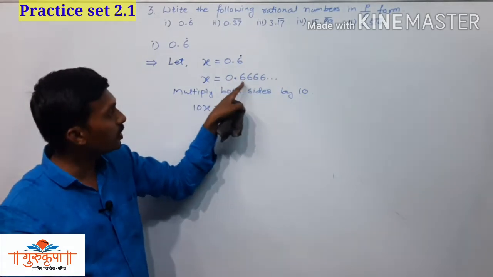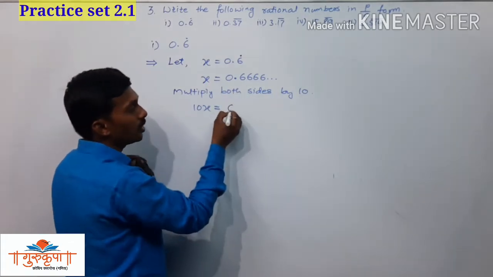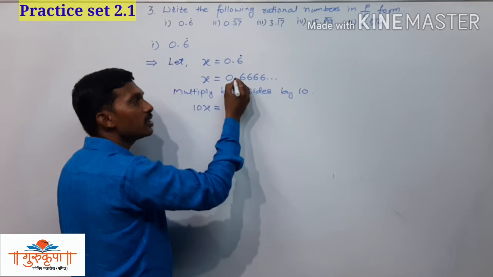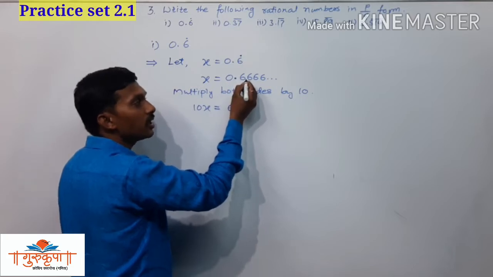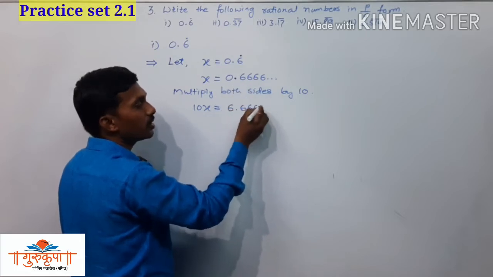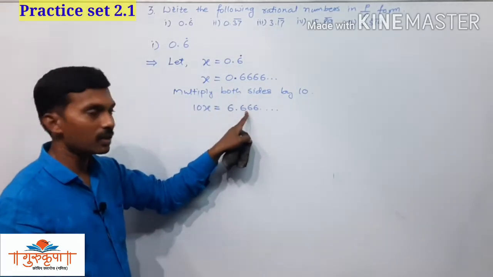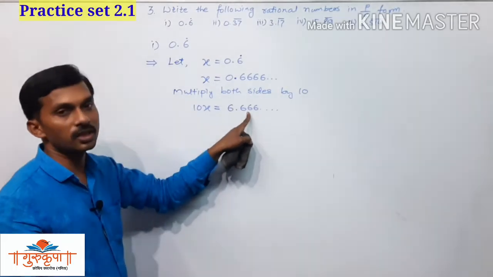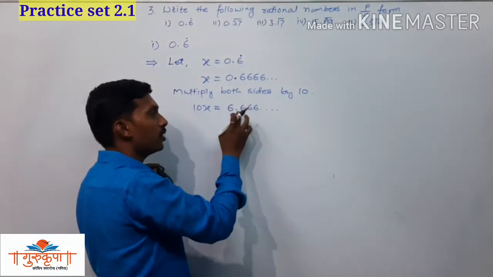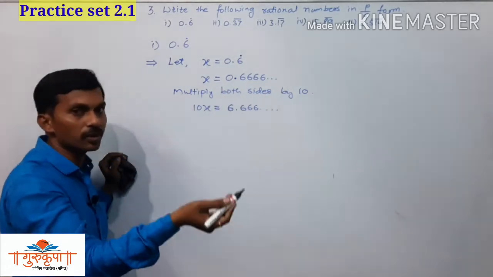Now it is present between 0 and 6, and we move it so that the product is 6 point, with the decimal sign between 6 and 6. So our product is 6.666 and so on. You can write it as 6 point recurring 6 also. You can take the product on a rough page: multiply this number by 10 and the product is 6 point recurring 6. Simply the digits get one place forward.